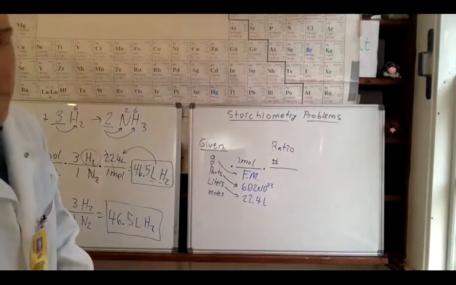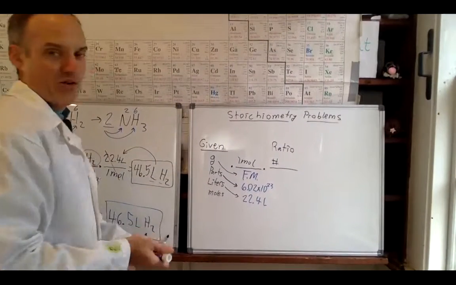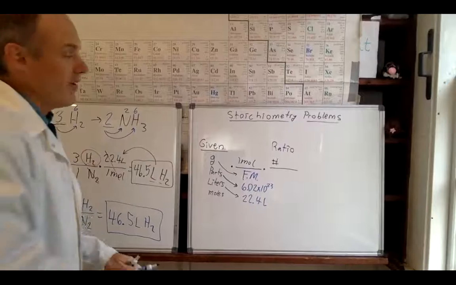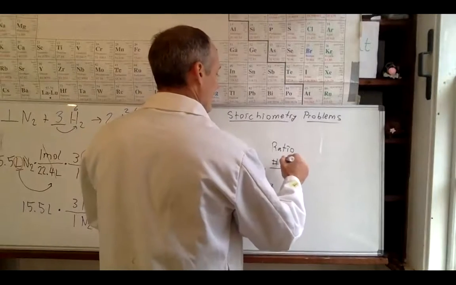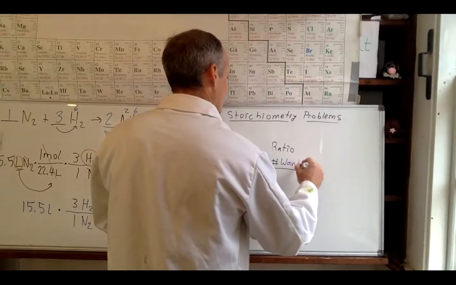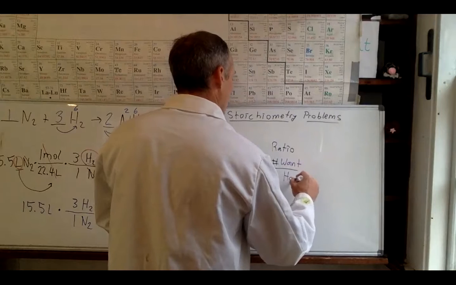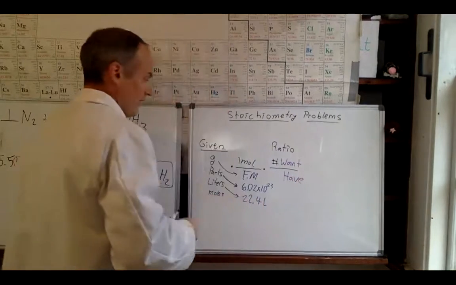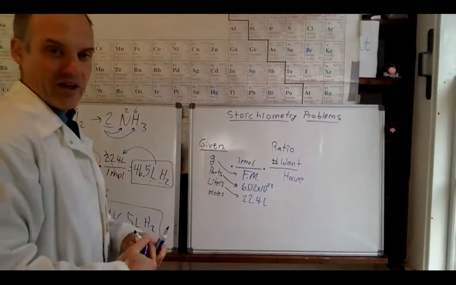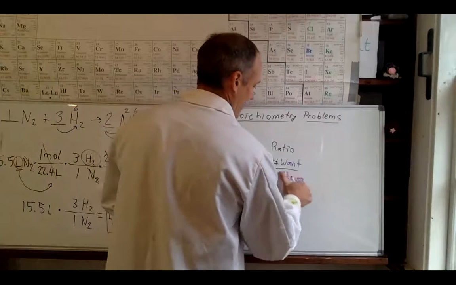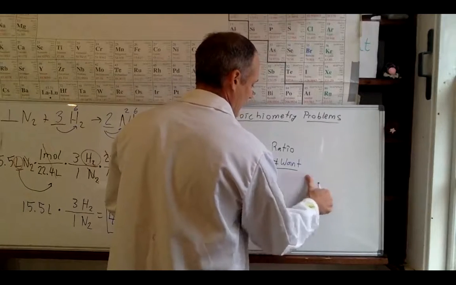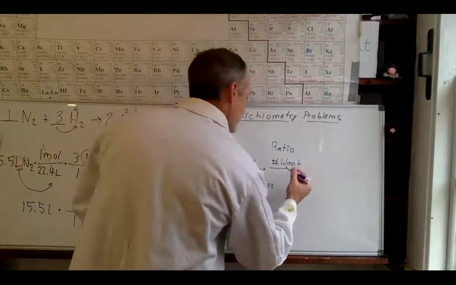Okay, in the ratio step, you get numbers from the balanced chemical reaction. And this step is all about converting to what you want from what you have, or given, I guess I should say given, because that's what I wrote on this side is given.